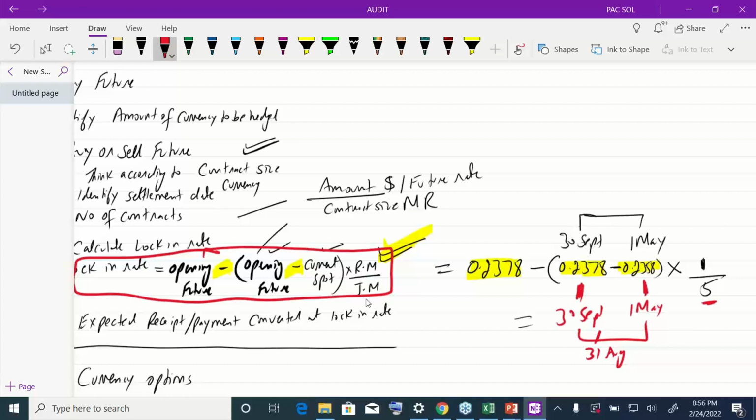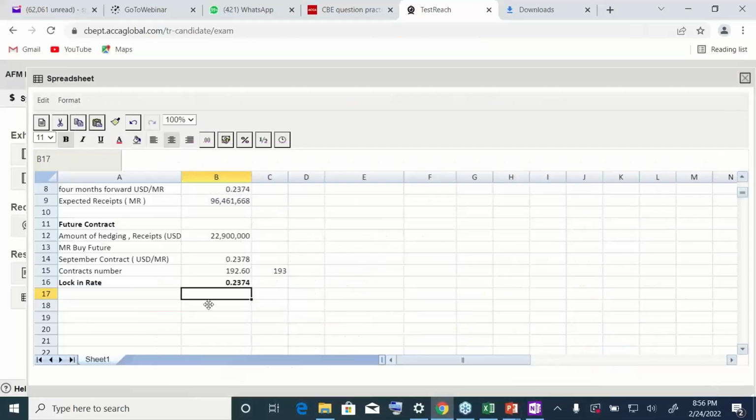If the trend is increasing, this formula will take care of it. If the trend is decreasing, this formula will take care of it. So guys, 0.2374 is the lock-in rate. That's how you will solve it in the exam.